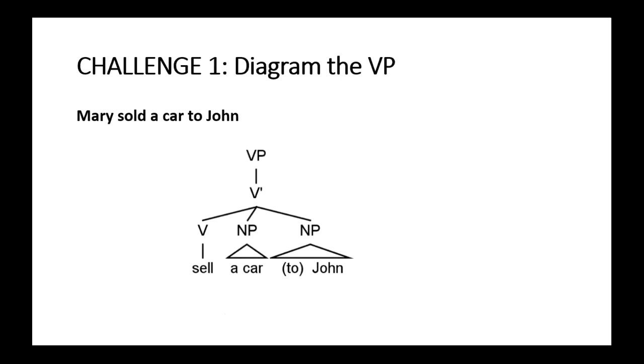Okay, so the VP should look like this. You sell a car, John, to is not there, then we insert to, okay? So this should be the final structure that you have in your notebooks. Sell a car to John. I hope you got it right.